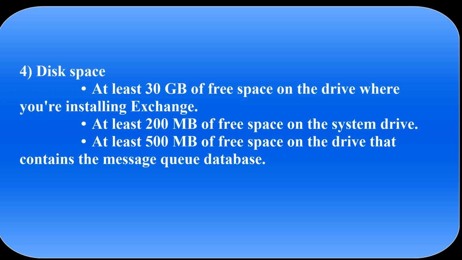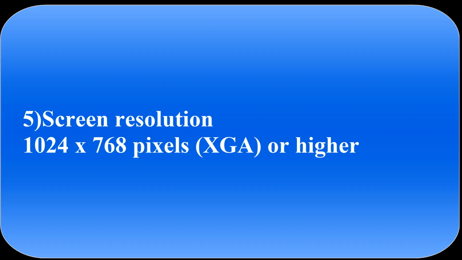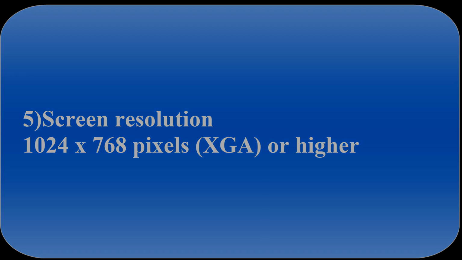And if you plan for Exchange Server deployment, you need at least 30 GB of free space on the drive where you are installing Exchange Server, at least 200 MB of free space on the system drive, at least 500 MB of free space on the drive that contains the message queue database, and a screen resolution of 1024 by 768 pixels, XGA, or higher is sufficient for Exchange Server deployment.